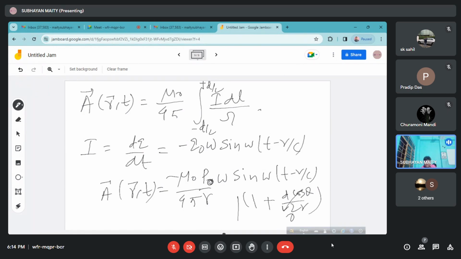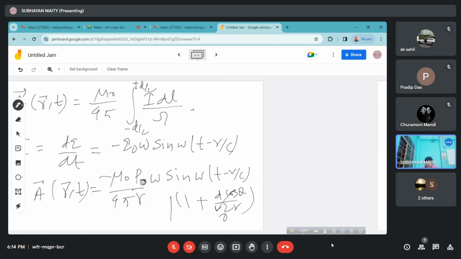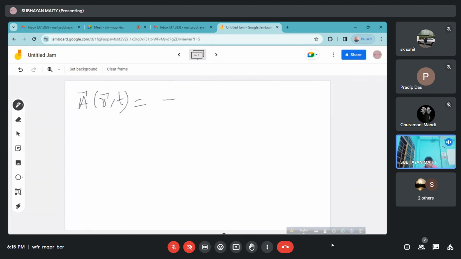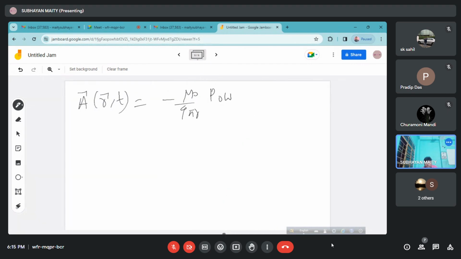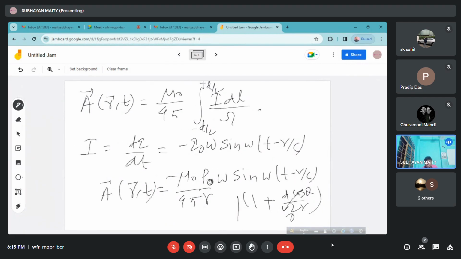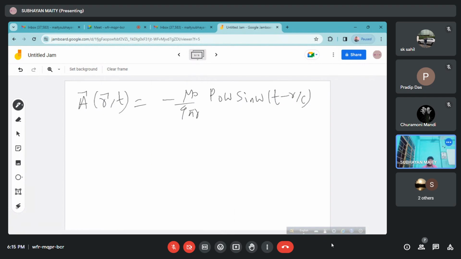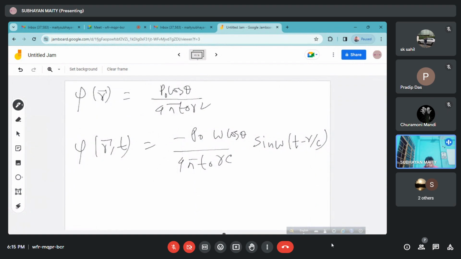You can neglect the 1 by r square term again. Integrating dl gives d, so q naught d is p naught. So A(r,t) is equal to minus mu naught by 4 pi r into p naught omega sin omega t minus r by c. So A is equal to that, and phi is equal to that.